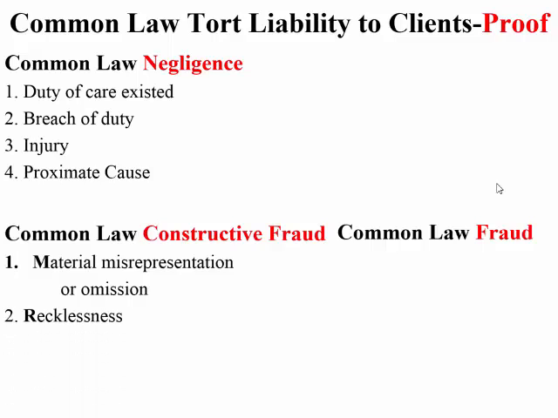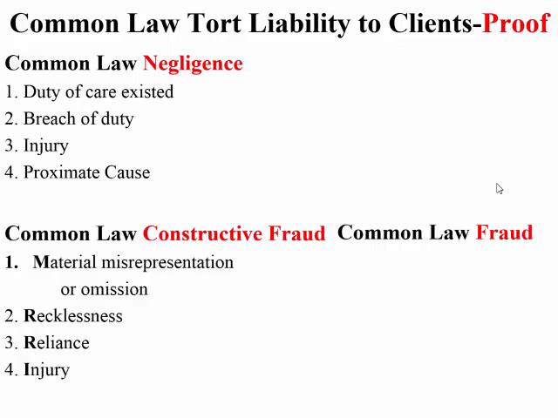And because we're talking about constructive fraud, recklessness, we have to prove that it's something more than just negligence. It has to be something above and beyond just ordinary negligence. Reliance, that they actually relied on the information that you provided, and that they suffered an injury. And so all of these things have to be present.